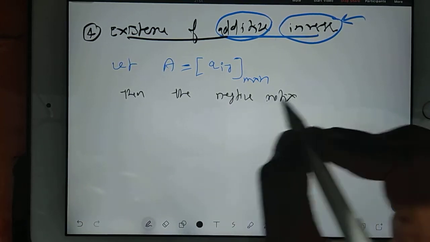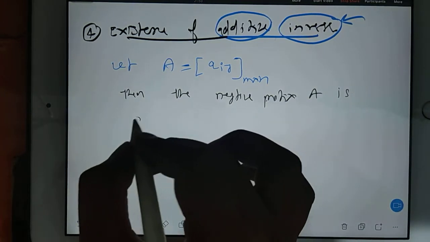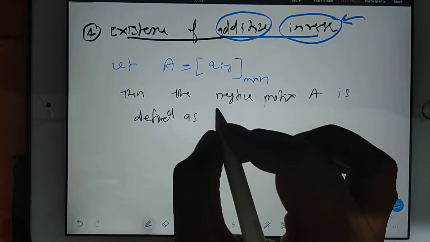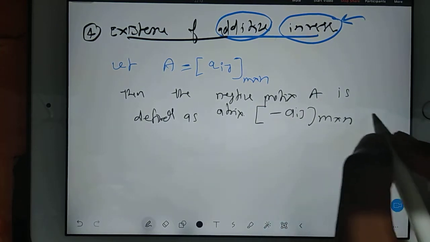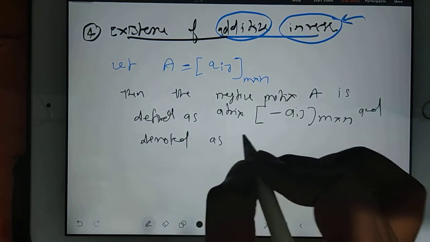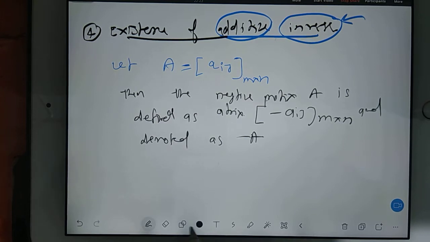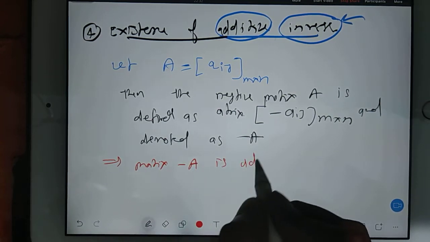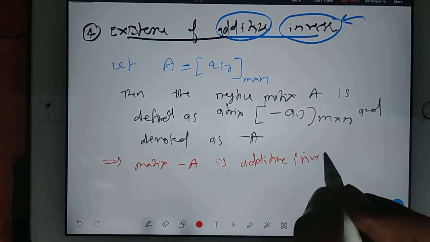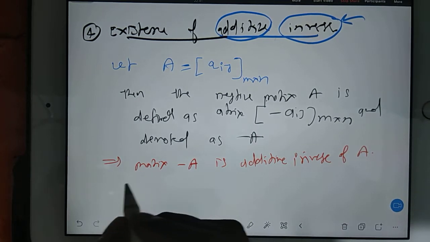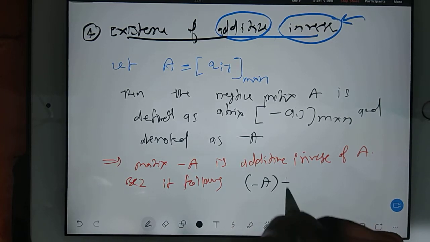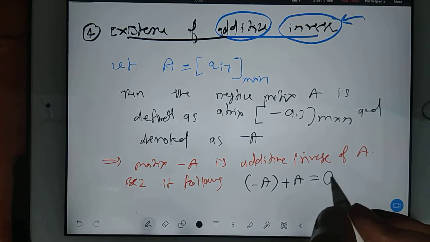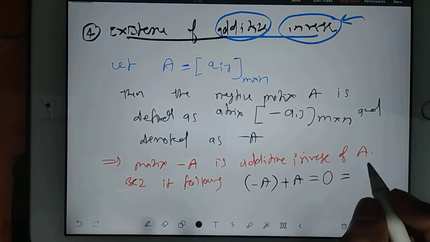The negative matrix of A is defined as the matrix minus Aij of order m cross n and denoted as minus A. So you write like this: matrix minus A is the additive inverse of A, because it follows that if you are adding minus A with A, then you are going to get the null matrix, and the same null matrix you will be getting because addition is commutative.